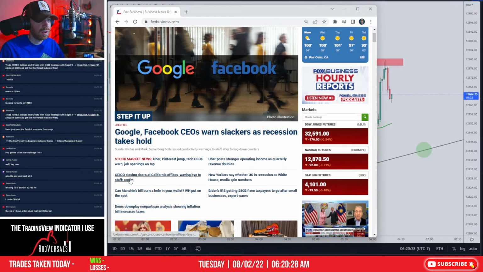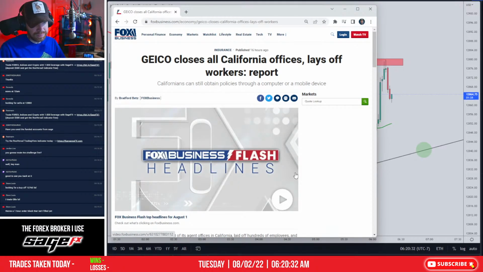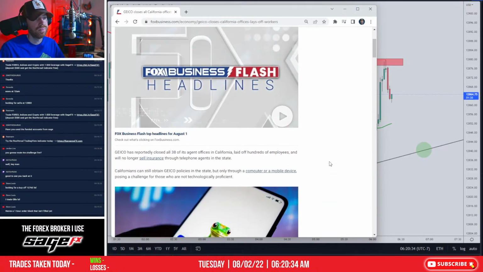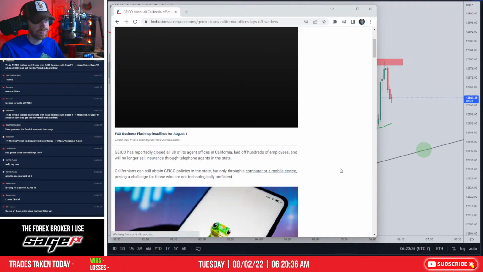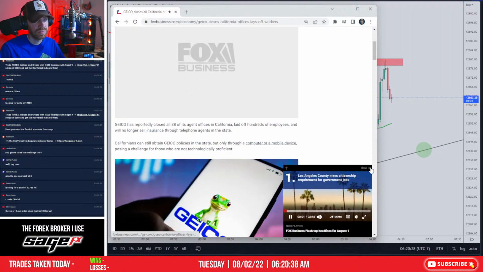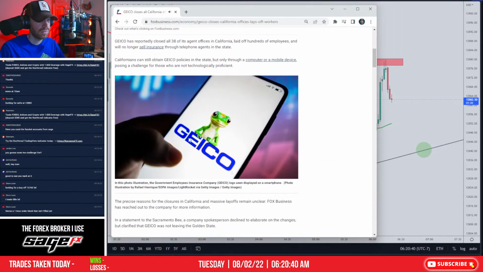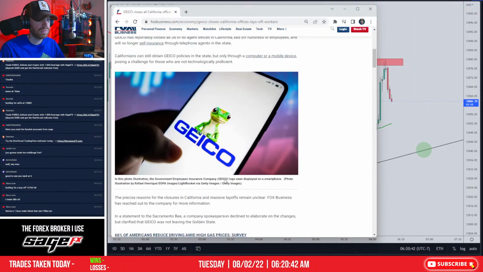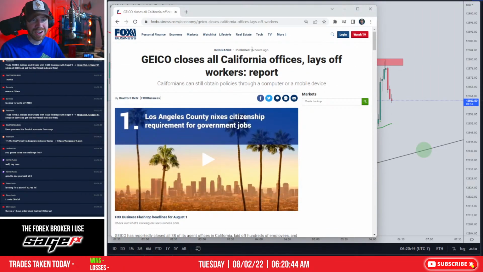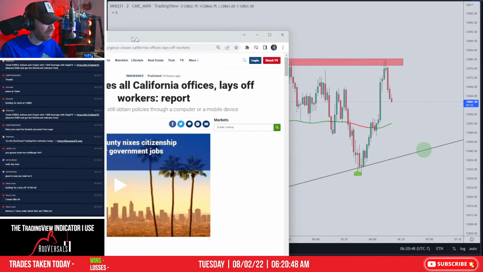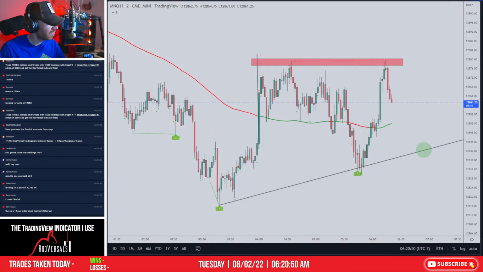Geico closing doors in California. Interesting. Even Geico got out of California. That's a sign. Companies are leaving California. I need to get out of California.